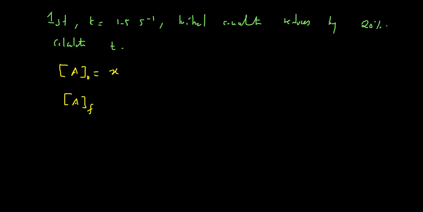Remember, the concentration is dropping by 20%. So we are going to have 20% of x, which is 0.2x. This is how much we have dropped the concentration by.